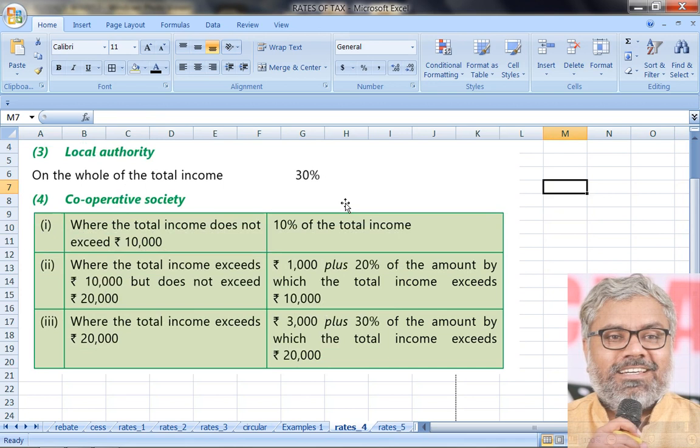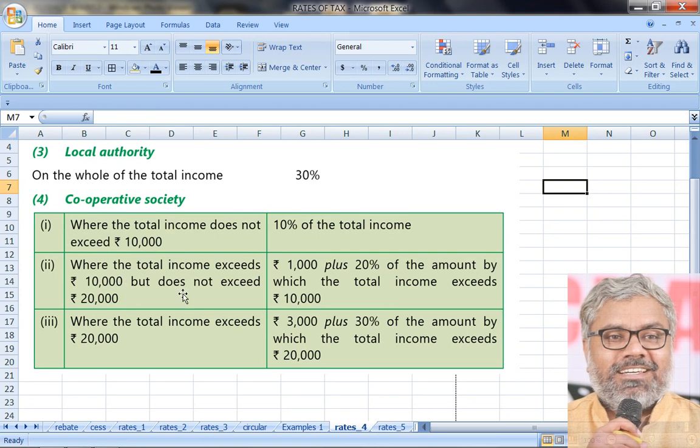Firm, LLP also 30%. Then a cooperative society has a little bit of slab-type structure where the total income does not exceed 10,000 rupees. See the slabs here, very small slabs, not lakhs like in the case of individuals. Here it is only 10,000 rupees. If the income does not exceed 10,000 rupees, then 10% of total income.